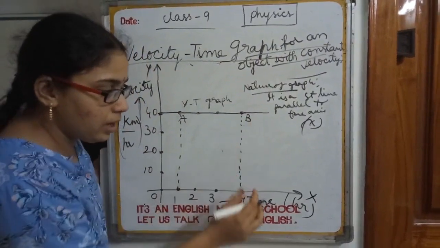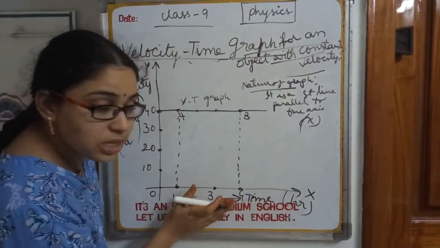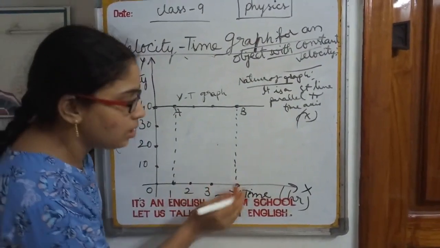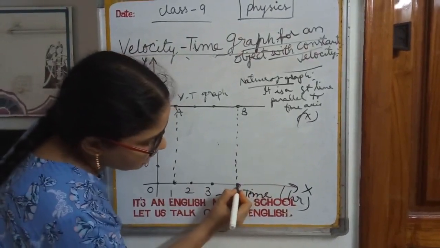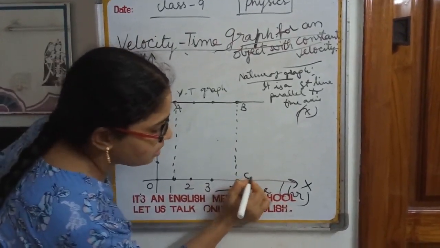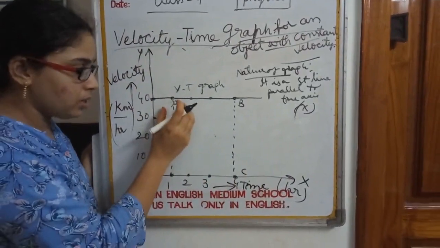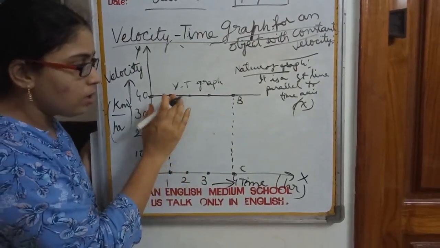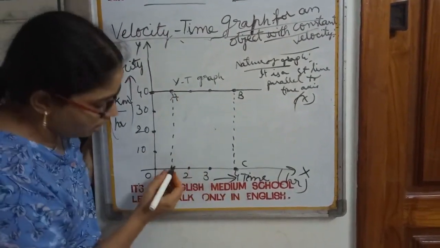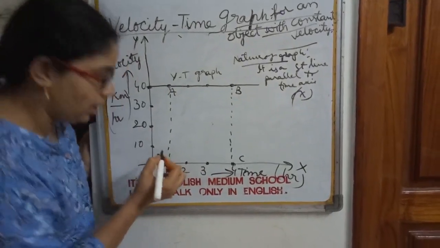Draw a perpendicular from B to the x-axis, meeting the x-axis at a point C. In a similar way, draw a perpendicular from A to the x-axis, meeting it at a point D.